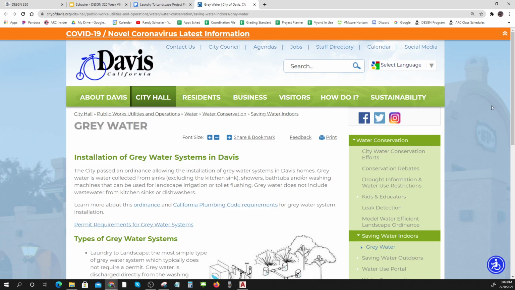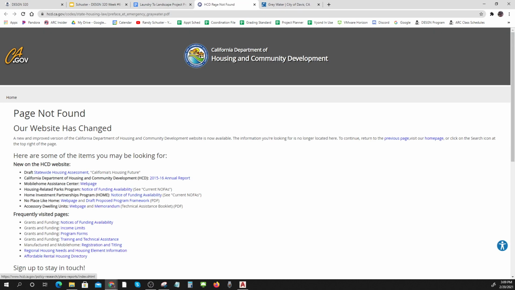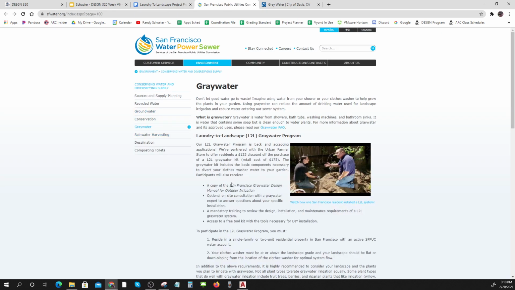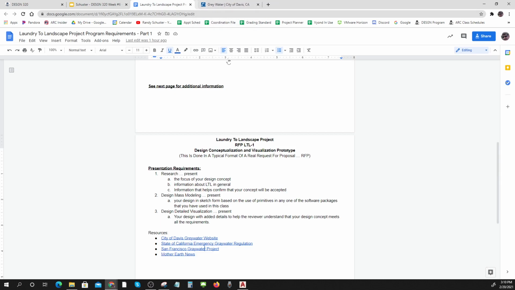So the first thing is you'll notice from the laundry to landscape, you've got some resources. You've got some information from the state of California, which is kind of cool. You have to kind of get around with it because they move stuff around sometimes. You've got a cool thing about something that happened in San Francisco, which is kind of good to know about.